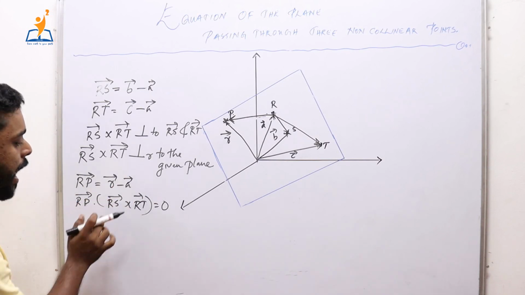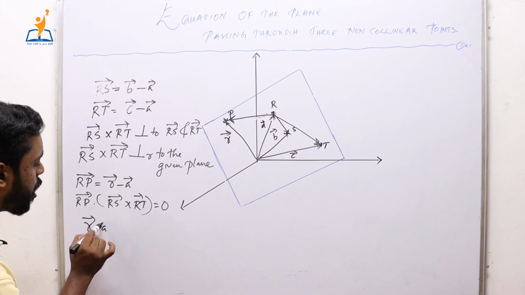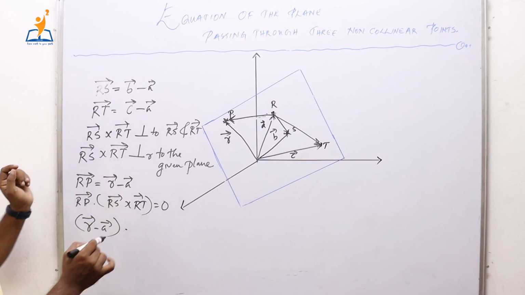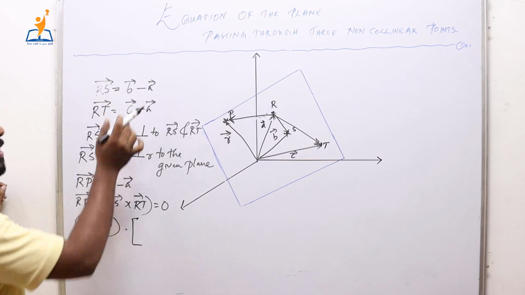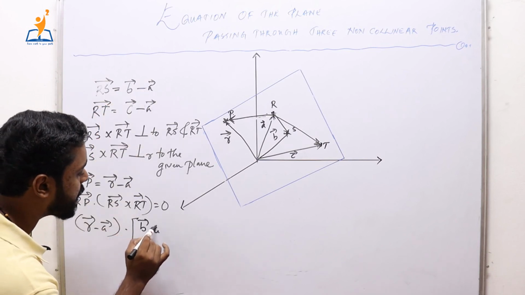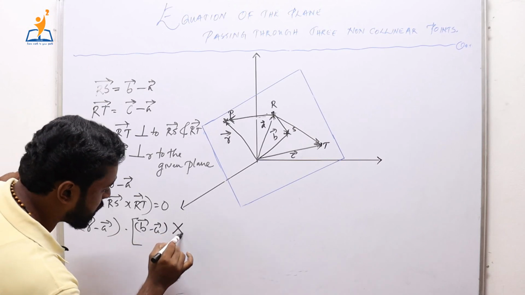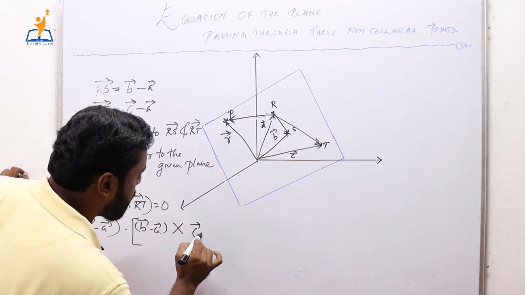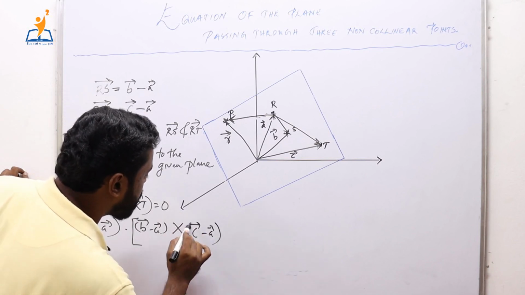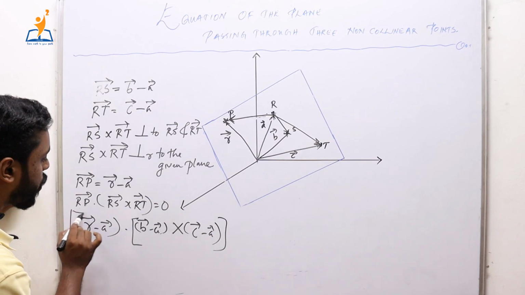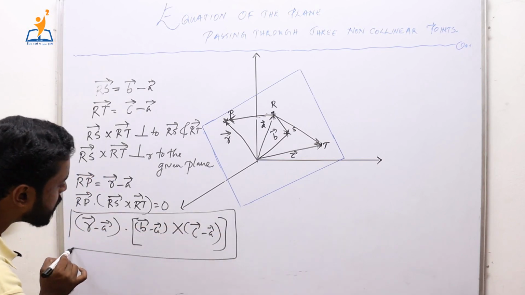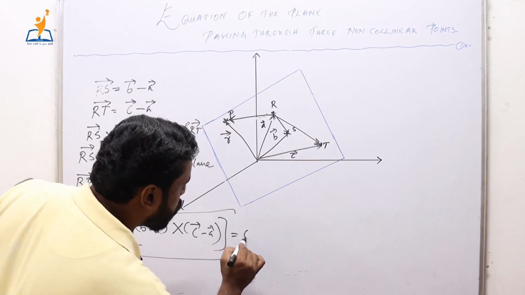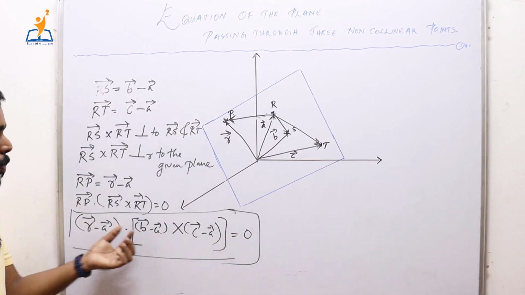Now you know that RP is nothing but r minus A, dot, what is RS cross RT? RS is equal to B minus A, cross, this is not a multiplication, this is cross, RT, which is C minus A. So this must be equal to 0, because these two are perpendicular vectors.